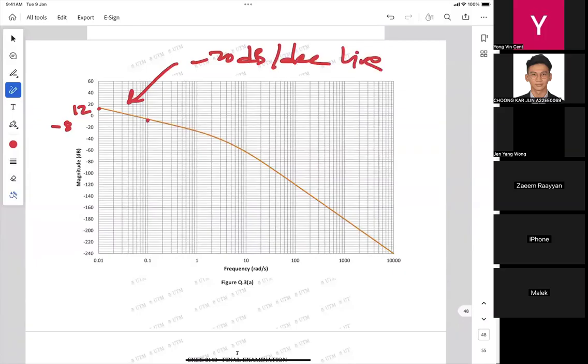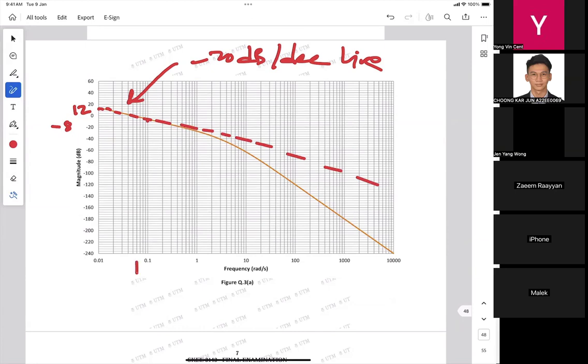So what you should do is you must take a ruler. Okay. And then cross at 0 dB somewhere.